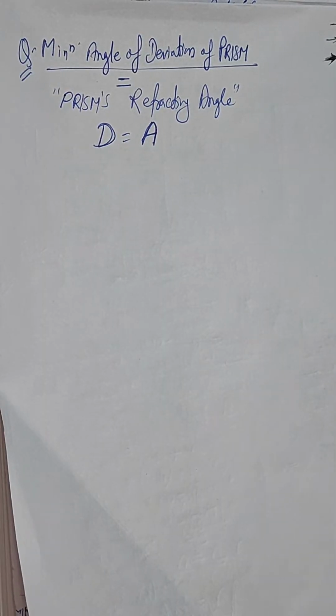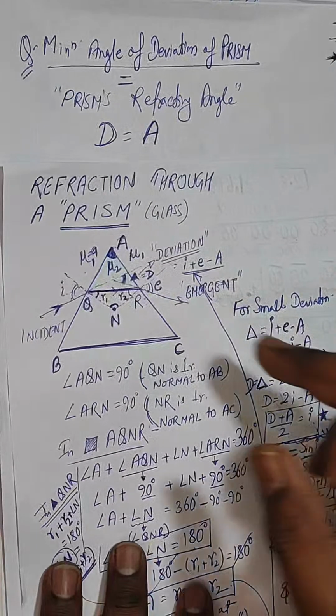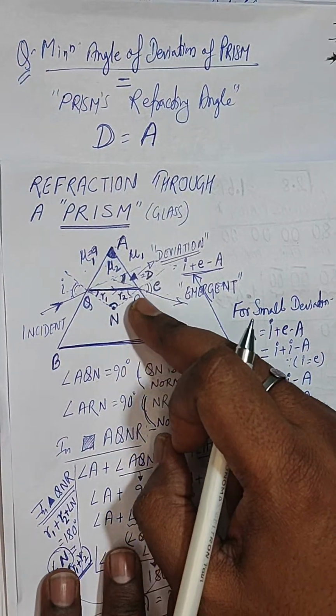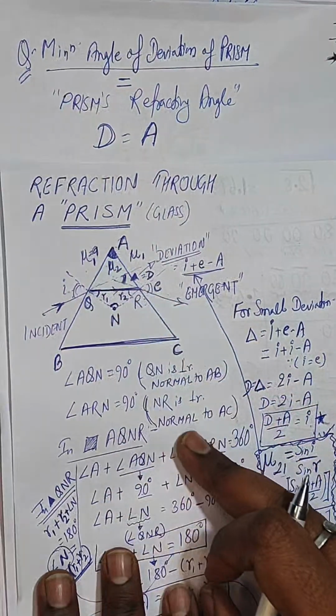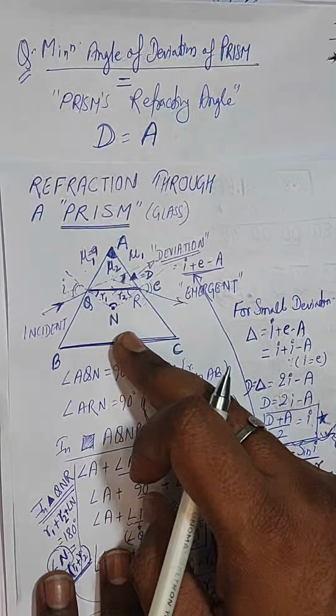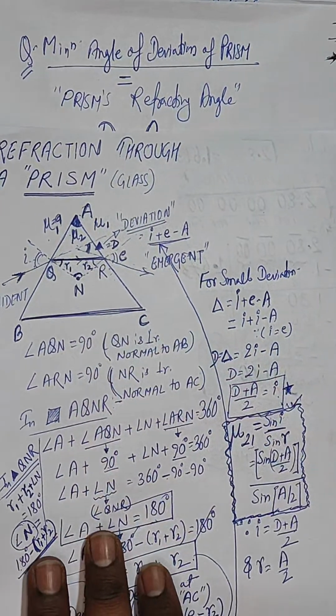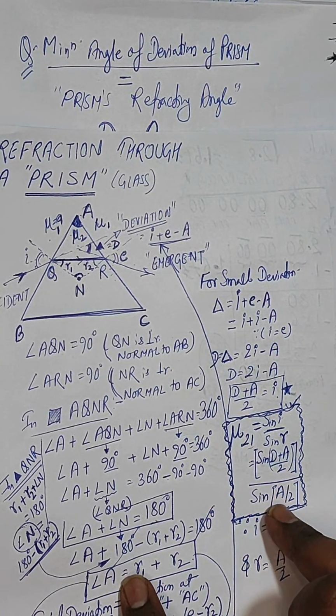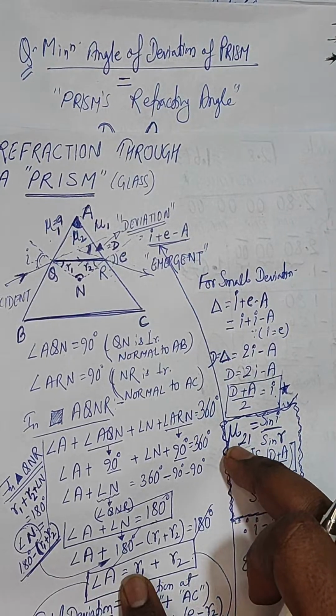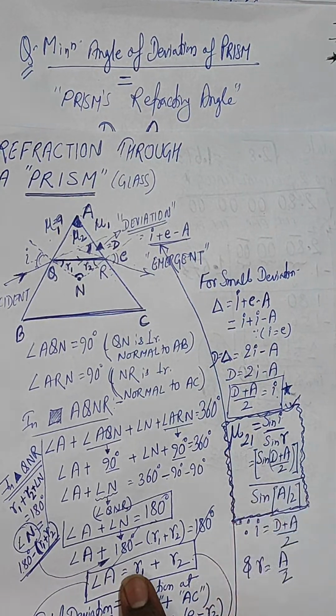which we have derived, this one, where was D? This was D, this is A, right? Now for this, what we have derived, this is the formula: sine of D plus A by 2 divided by sine A by 2, which is the value of the refractive index, right?